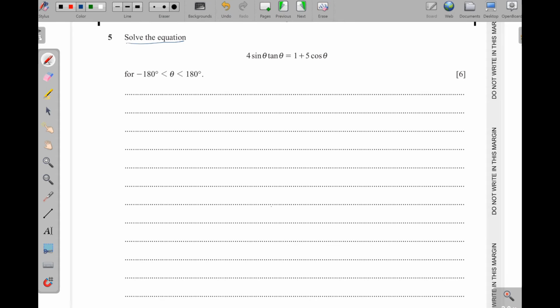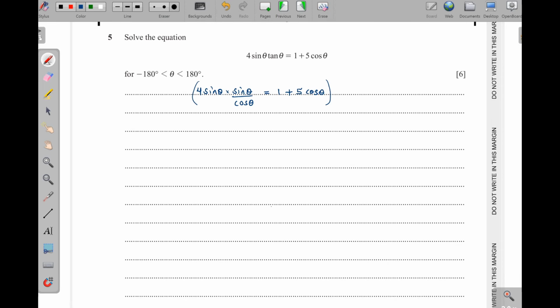Solve the equation 4 sin theta tan theta is equal to 1 plus 5 cos theta for theta ranging from negative 180 to positive 180. Now, here we shall have 4 sine of theta times tan theta, which is the same as sine theta over cosine of theta, equal to 1 plus 5 cosine of theta.